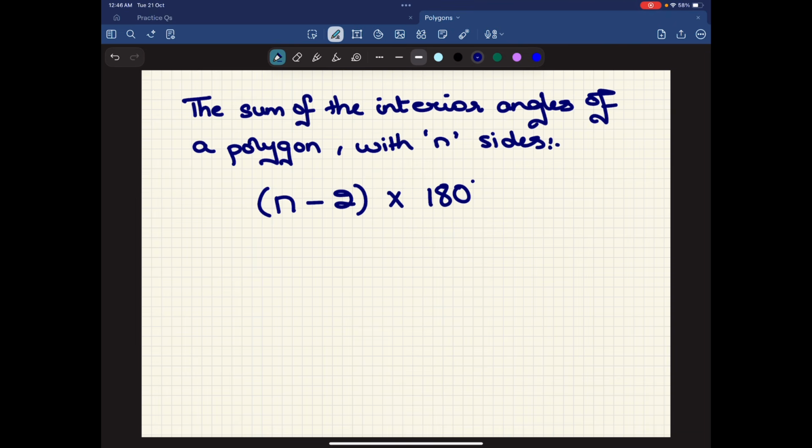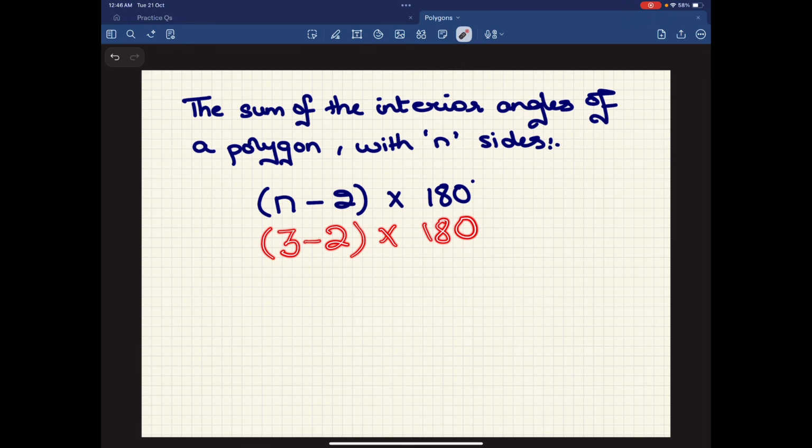Okay, so n can be any number. If n is 3, in the case of a triangle, the value of n is 3. So (3 minus 2) times 180 gives us 1 times 180. So it is 180 indeed. Let's check it in the case of a quadrilateral. If n is 4, what is the sum of the interior angles?